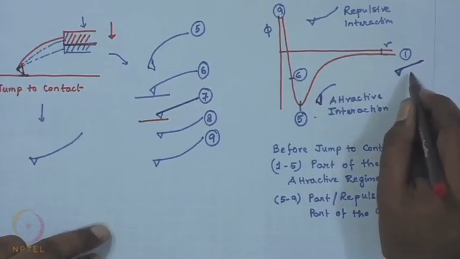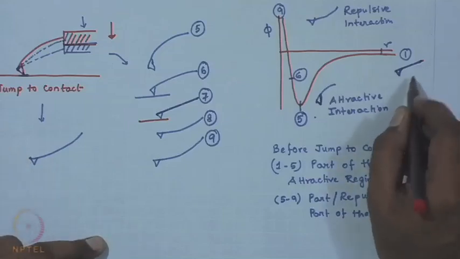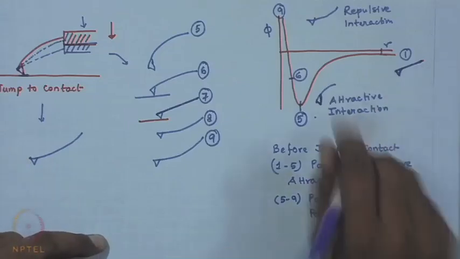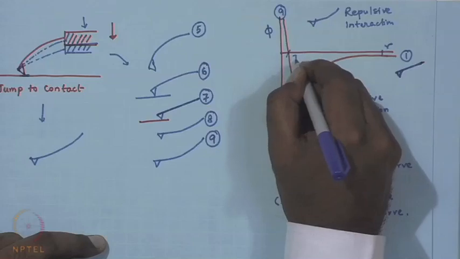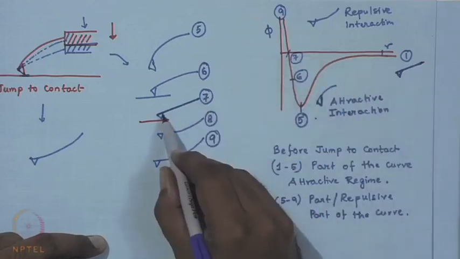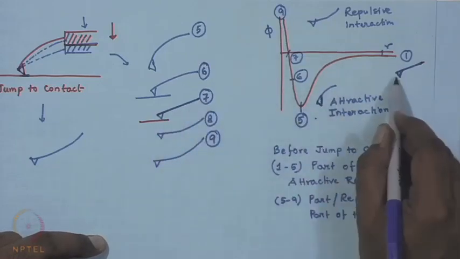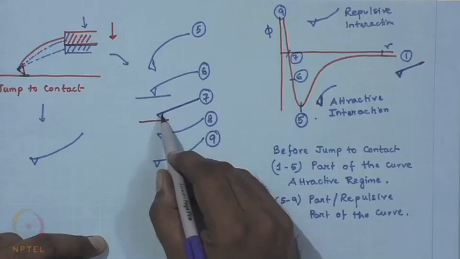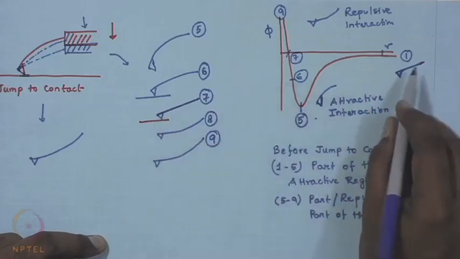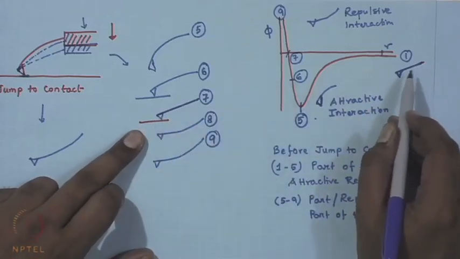So, let us try to locate the point 7. This is the point 7, where the deflection of the cantilever apparently appears the same as that of 1, but there is a vast difference between the two.